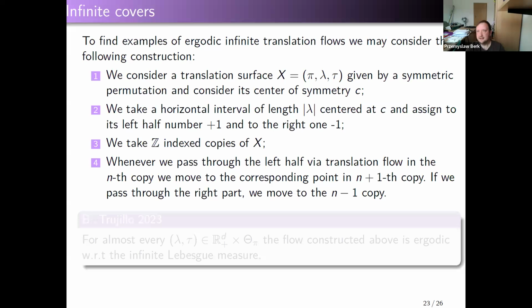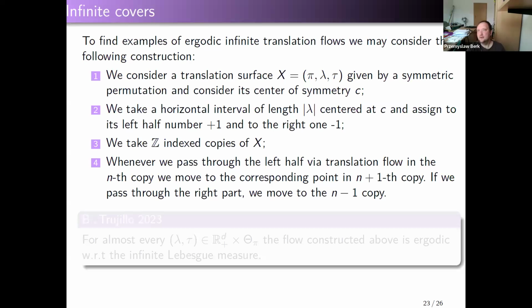Then, instead of considering one copy of the translation surface, take this whole picture with this interval and consider Z copies. Take copies and give them a number n, from Z. Consider the vertical translation flow, but now we have produced what people usually call slits.